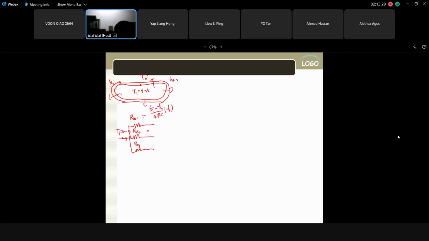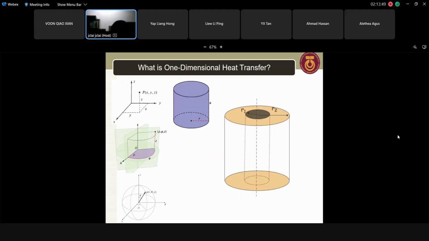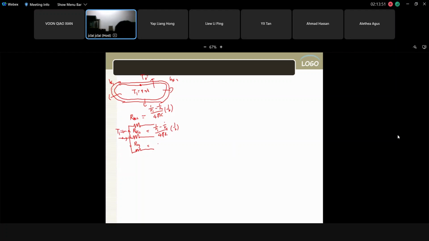And the same goes for this, (1 over R1 minus 1 over R2) over 4 pi k, and also half, because all these are hemispheres. And the cylinder is ln R1 over R2 divided by 2 pi L k. So R cylinder is ln R1 over R2 divided by 2 pi L k.